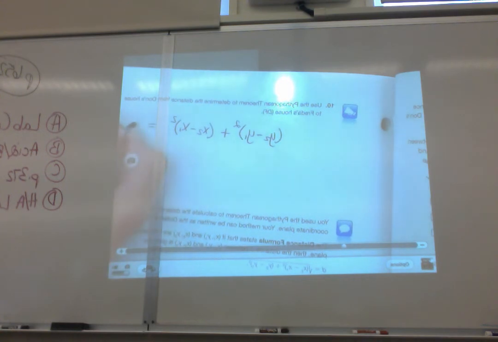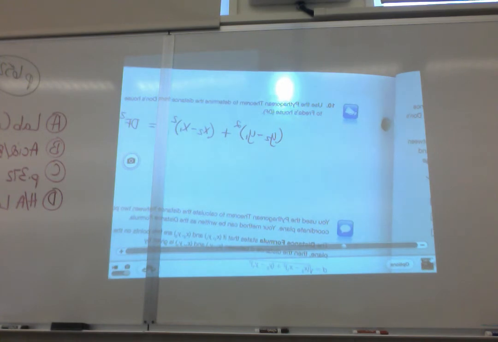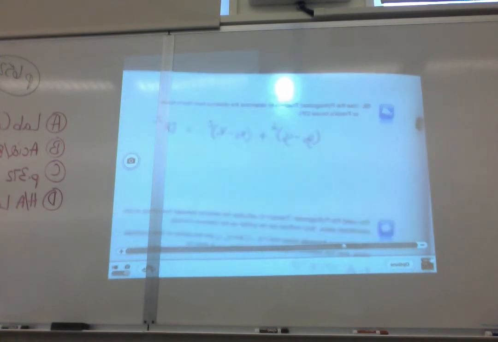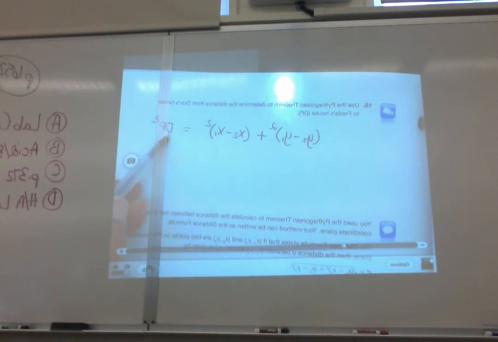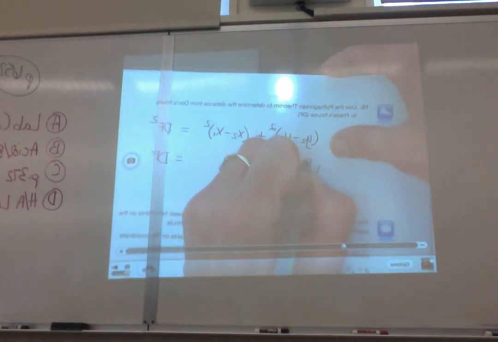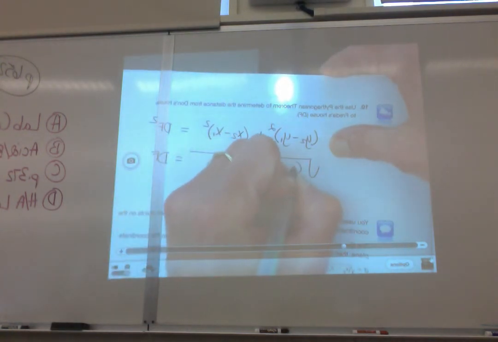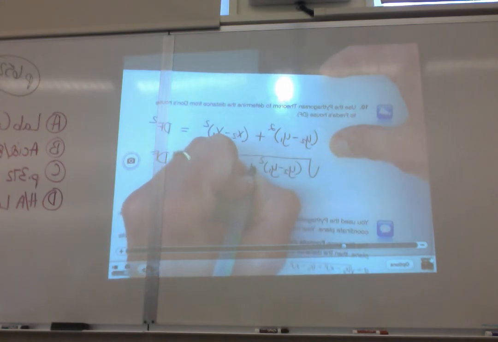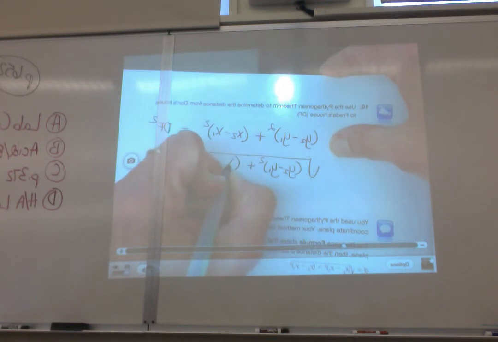That equals DF squared, right? What do you have to do to get the diagonal distance all by itself? DF equals, what's the last step in solving a Pythagorean theorem thing? Square root. So here's what you need. Square root of y2 minus y1 squared plus x2 minus x1 squared.